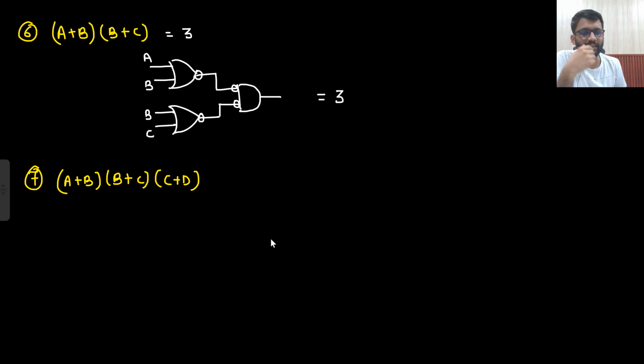Let's check. This one will take 6 as far as I think. This will take 6. A plus B, because this is the form I want, so I will not change it. Nothing is common, nothing like that. So this is the form I want, so directly I will keep this form only.